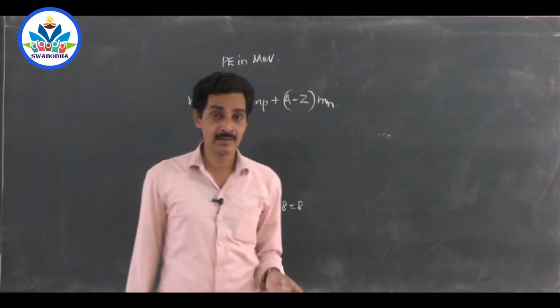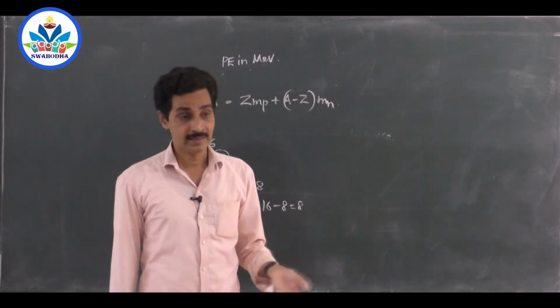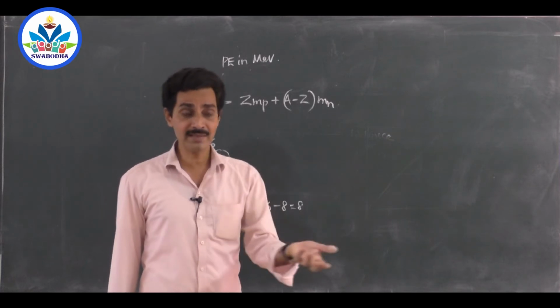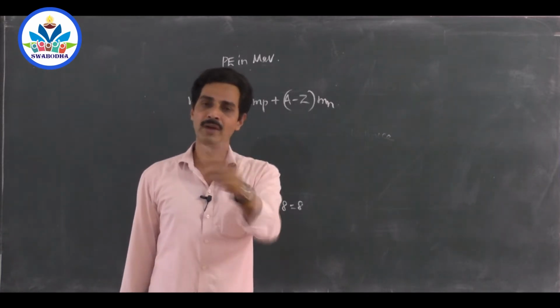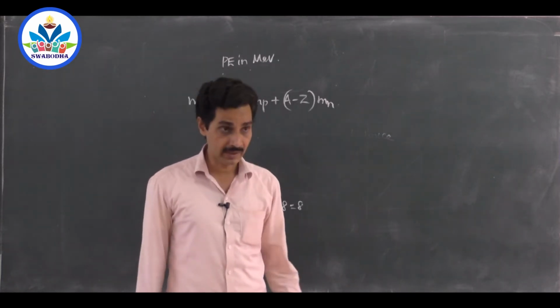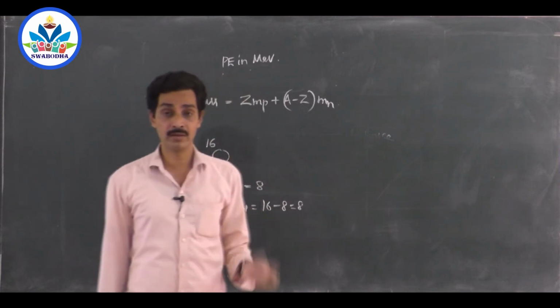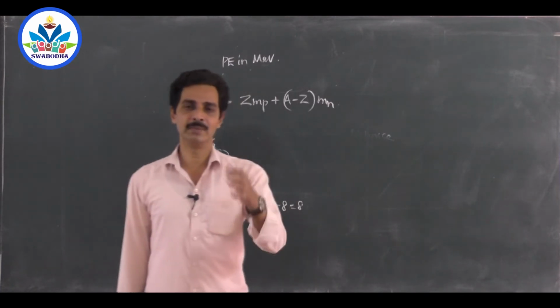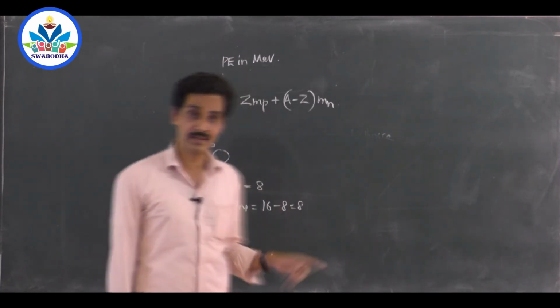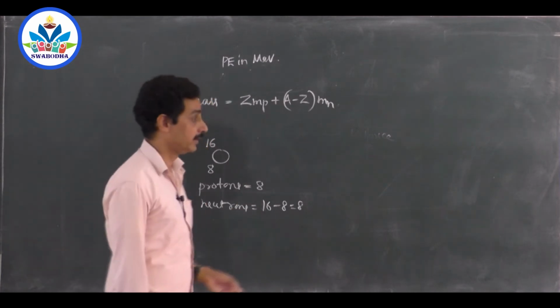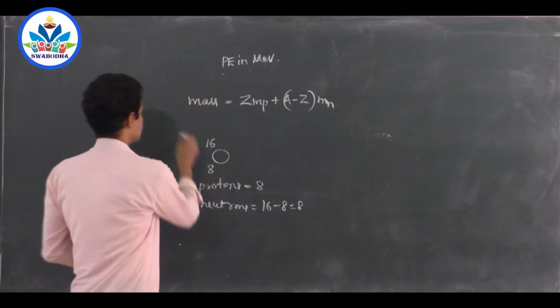That energy will not be obtained from somewhere else. That energy will be obtained by losing some amount of mass while forming the nucleus itself. That is why the total mass of nucleons after forming the nucleus will be less, and before forming the nucleus will be more.